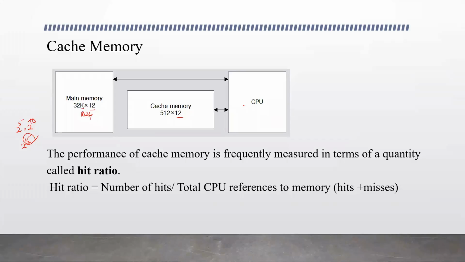The basic operation of the CPU is like this: when the CPU needs to refer to a particular word in memory, it first looks into the cache memory.